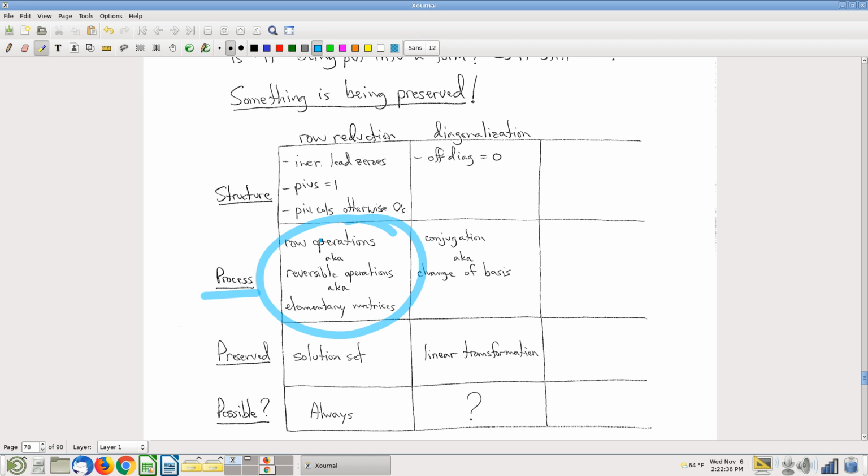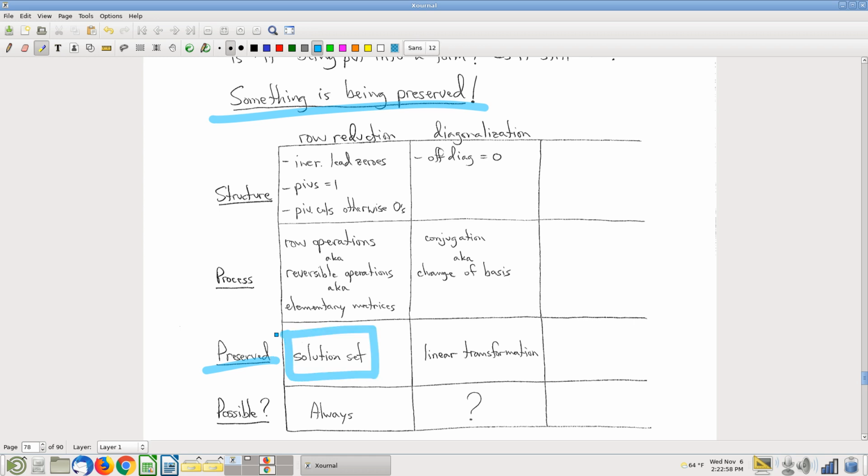Which, if you want to write them in matrix algebra, are elementary matrices. So you're allowed to do all of this to achieve this goal, and now the big question, what is it that's being preserved in this process?